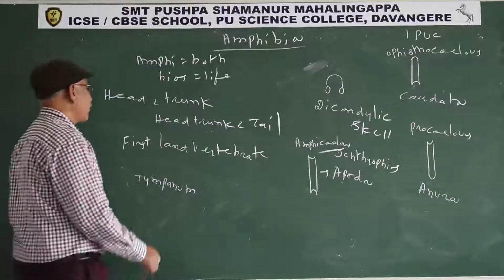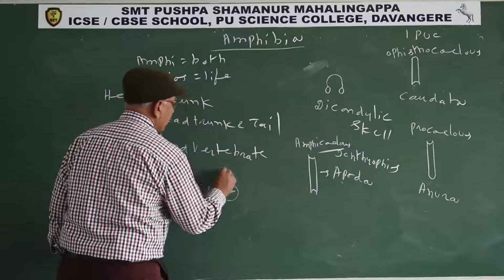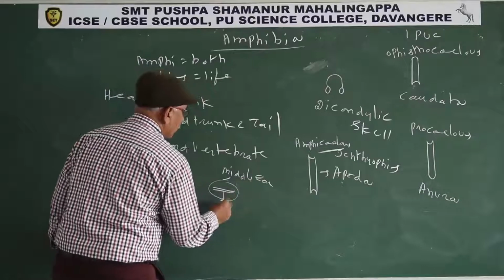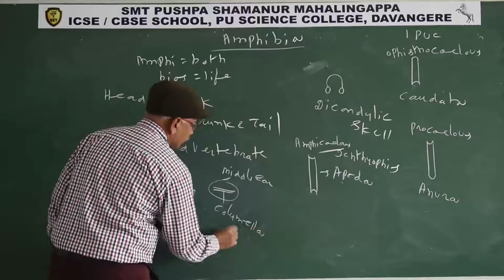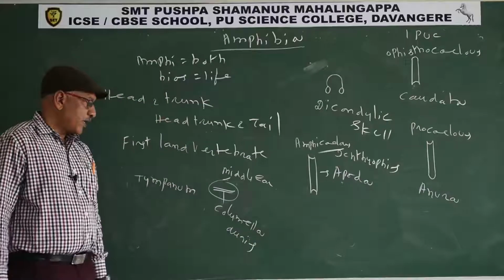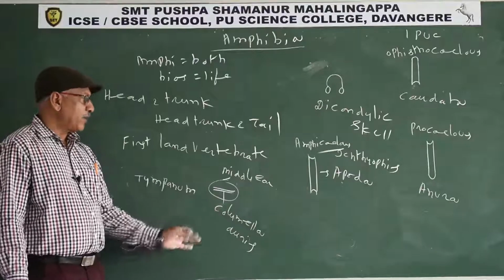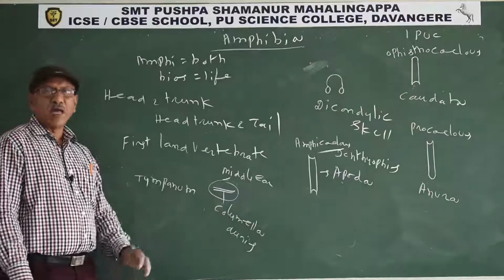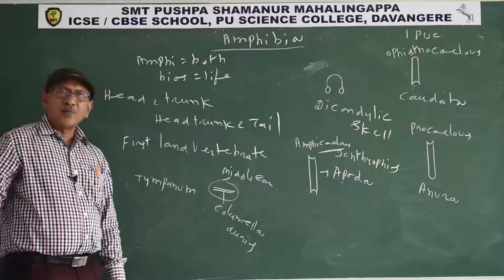Middle ear contains one bone, known as columella auris, in members of amphibia, reptiles, aves. In mammals, middle ear contains three bones, malleus, incus and stapes. Middle ear is absent in fishes.